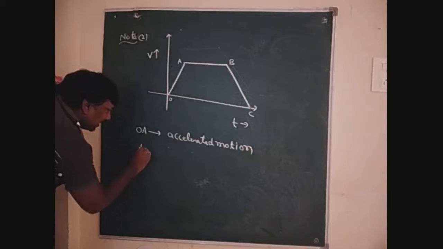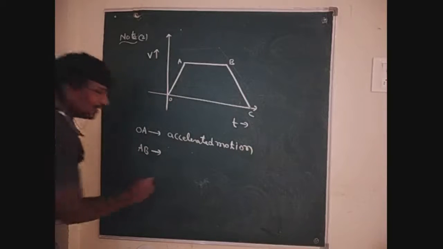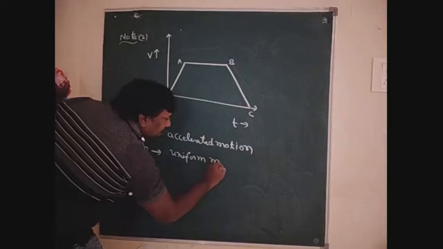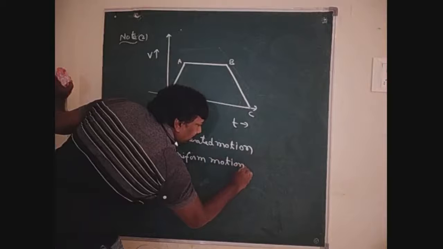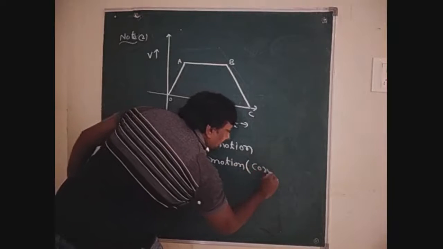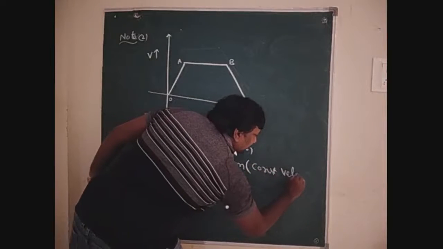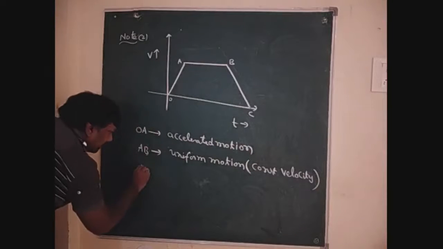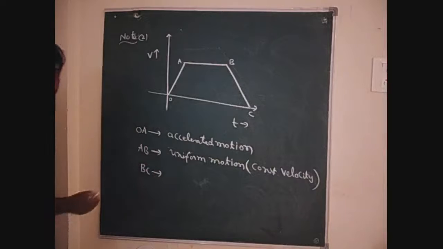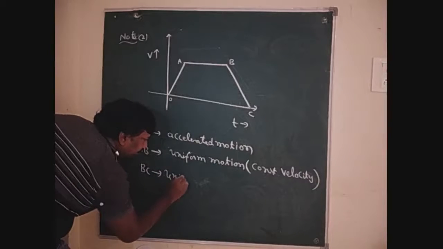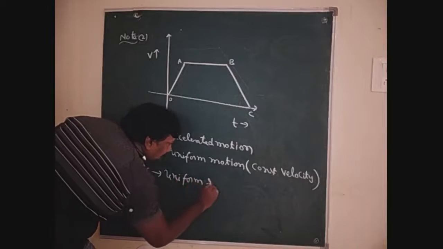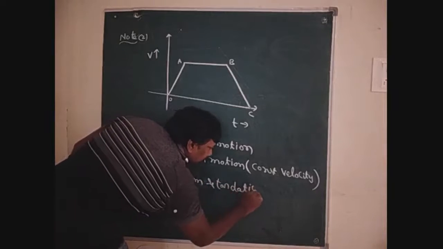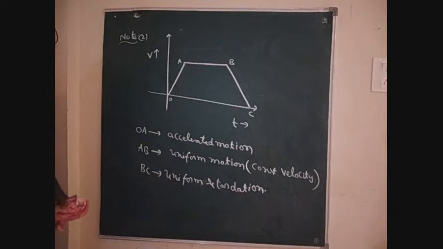But the AB line is treated as uniform motion. Uniform motion means constant velocity. The BC line represents uniform retardation.